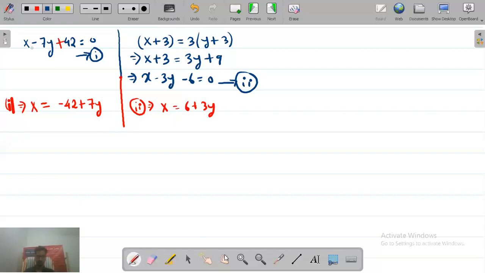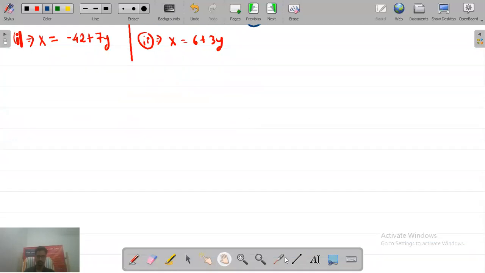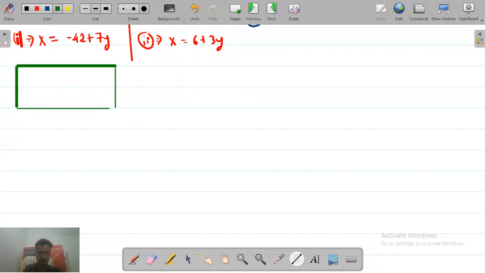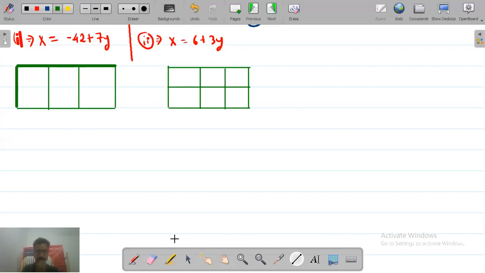Now let me make two tables. Now let me put the values here.